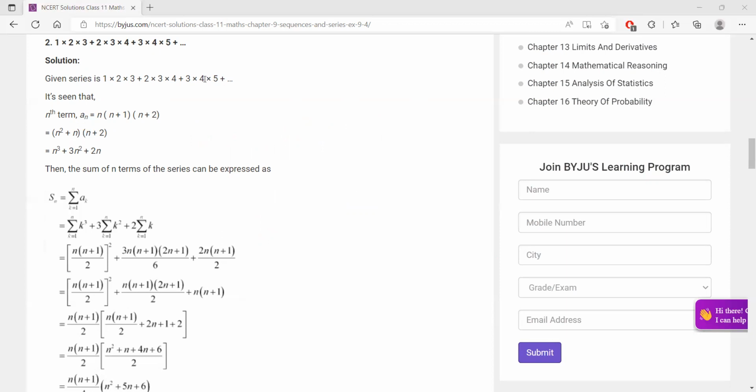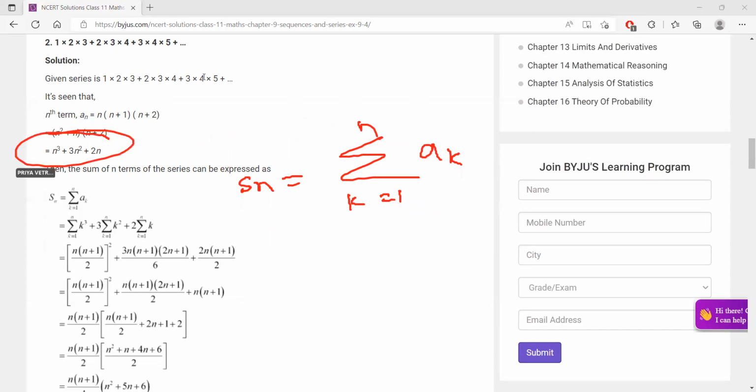Yeah. So the formula is S suffix n is equal to summation k equal to 1 to n a k. What is that a k? This is a n. So a k means k cube plus 3k square and 2k. You just have to write the n in terms of k. So you can split them because addition allows distribution.